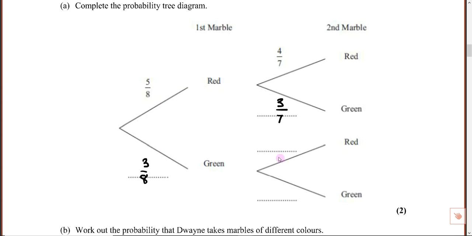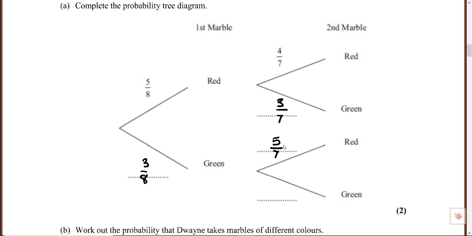So for a start, we know it's out of how many marbles? 7. And how many of them are going to be red? How many reds were there to start with? 5. If I took a green one out, so how many are there still? Still going to be 5.